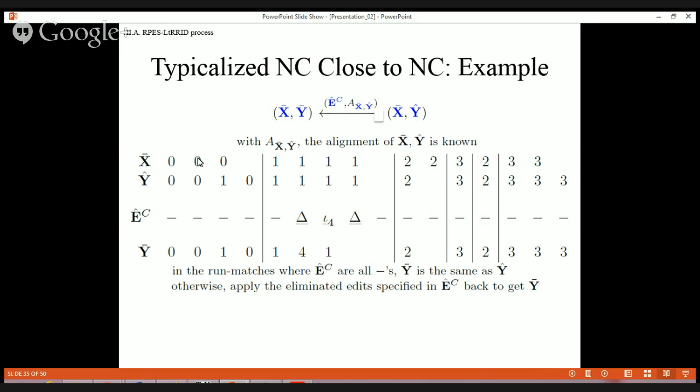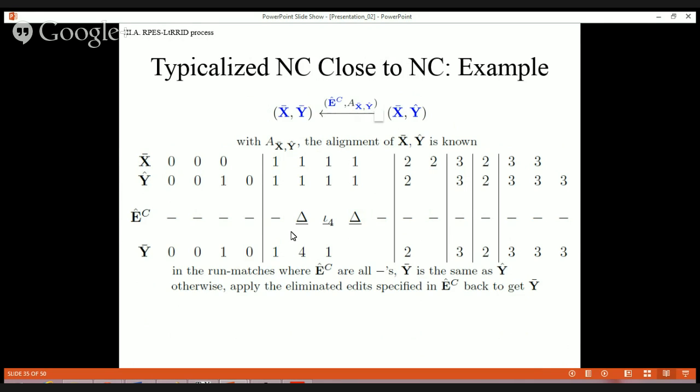So in the parent run matches where the E complement are all non-operations, we know that we eliminated no edit in those runs.